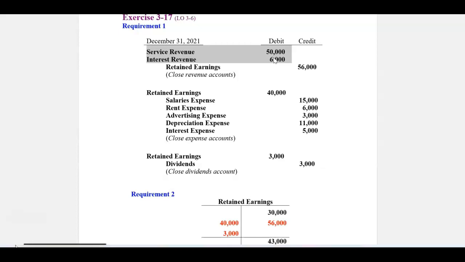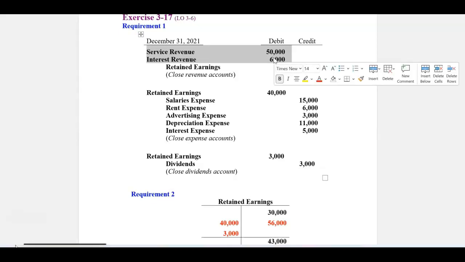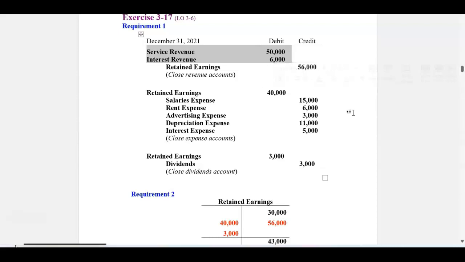However, your book says let's not use income summary. Since income summary is going to be closed into retained earnings anyway, why not close the revenue and expenses directly into retained earnings from the first moment?